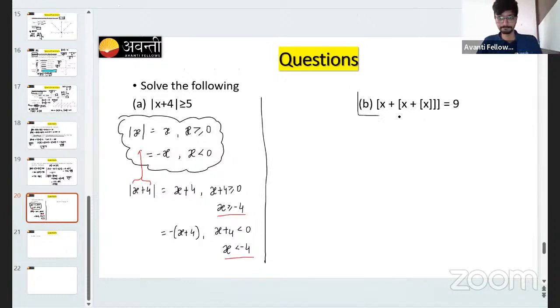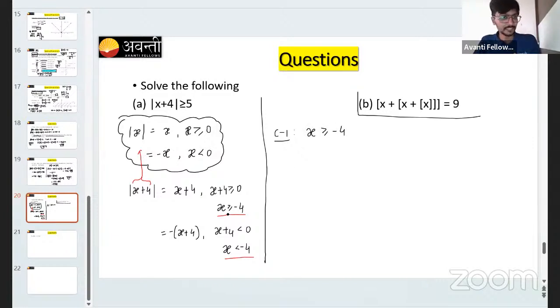Okay. Yeah. So now उसने कितने पार्ट में डिवाइड किया? 2 पार्ट में. एक x greater than equals to minus 4, एक x less than minus 4. So we have 2 cases here. Case 1: x is greater than or equals to minus 4.